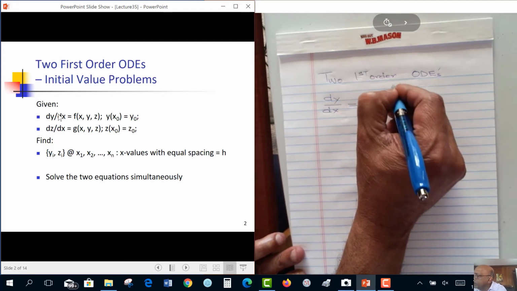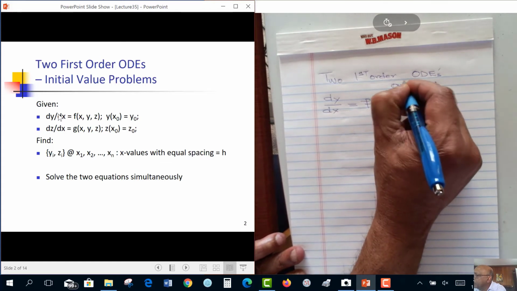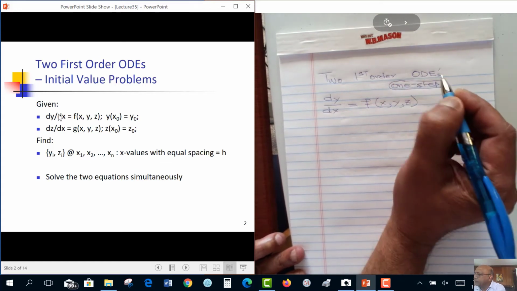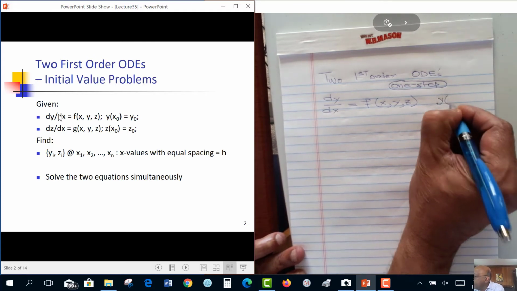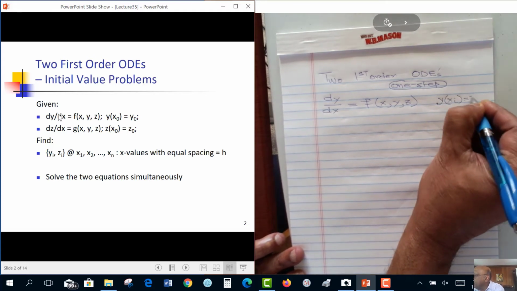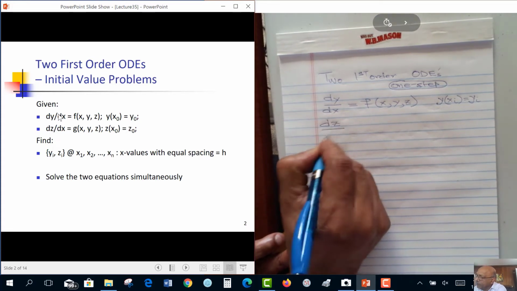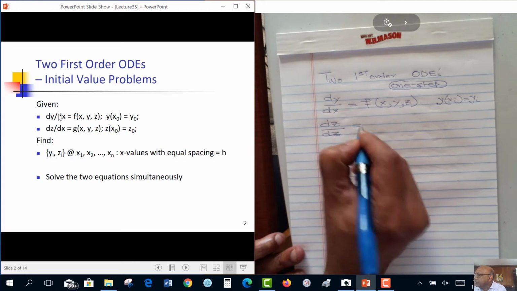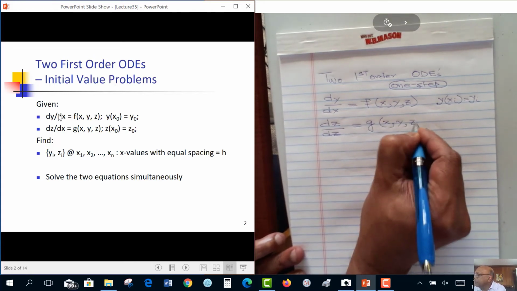And we look at only one step process, simply because if we know how to take one step, we can take many steps. And for this, we know y at xi is yi. And then we have another differential equation dz/dx, which is a different function g of x, y, z.